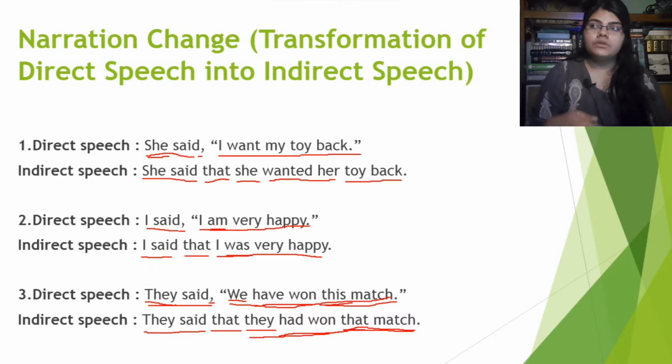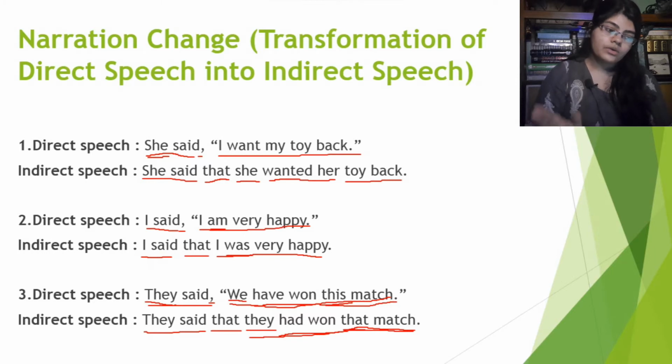There are a number of words that get changed from direct speech to indirect speech. What I mean is that if certain words are used in a direct speech, in the indirect speech they will get changed. I will give you the list of the words in the next segment.